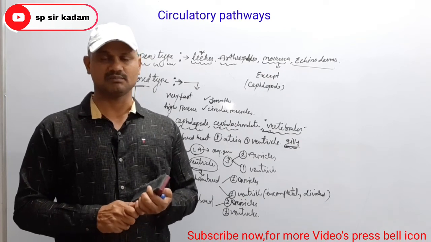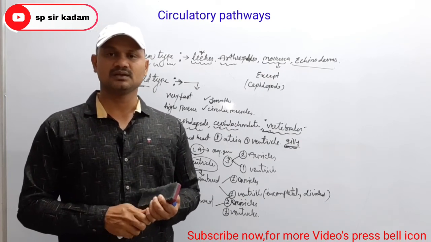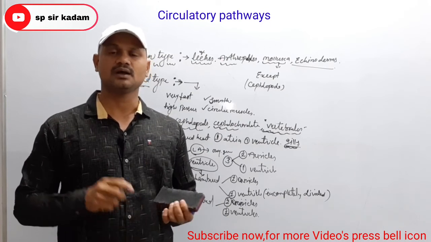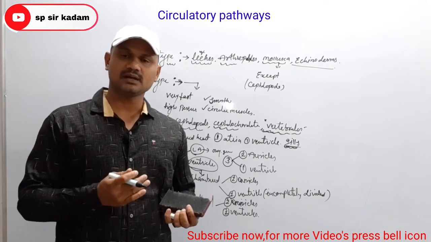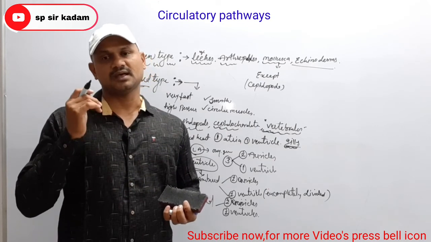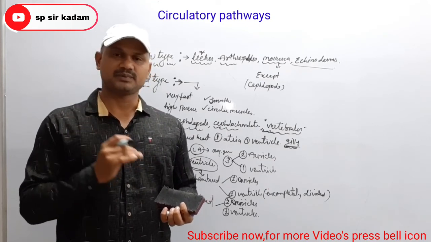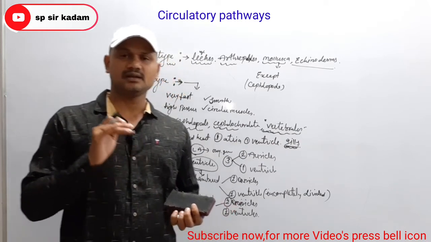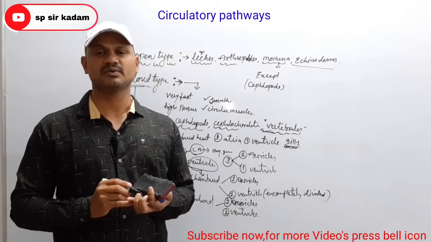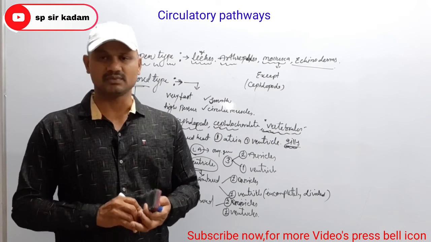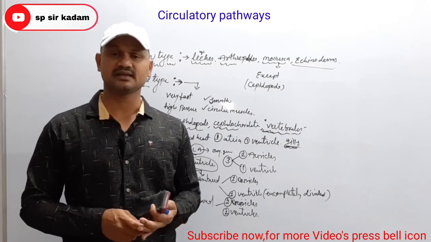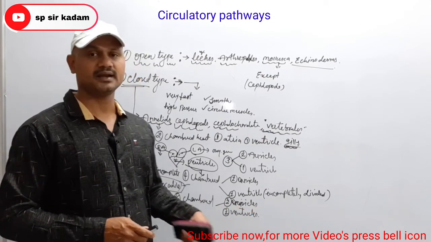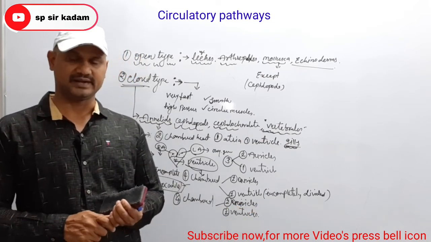Remember the examples: single circulation is in fishes, mixed or incomplete double circulation is in amphibians and in reptiles except crocodile. And in crocodile, aves and mammals, the circulation is complete double circulation. Why? Due to complete separation of the two auricles and complete division of the two ventricles.